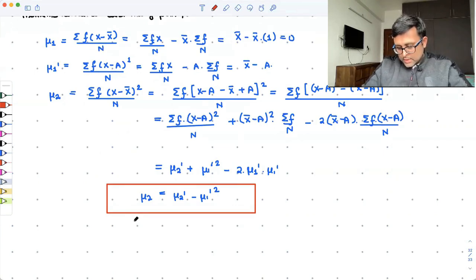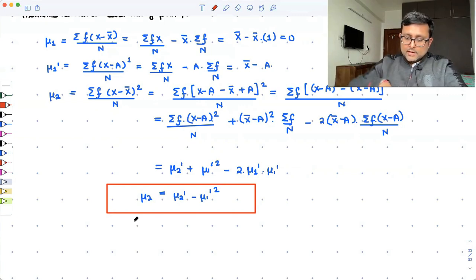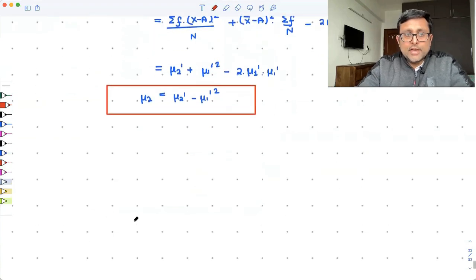Okay. Now, we could have done this in a little easier way than this, I guess. I mean, we can probably look at the binomial theorem in order to derive this.